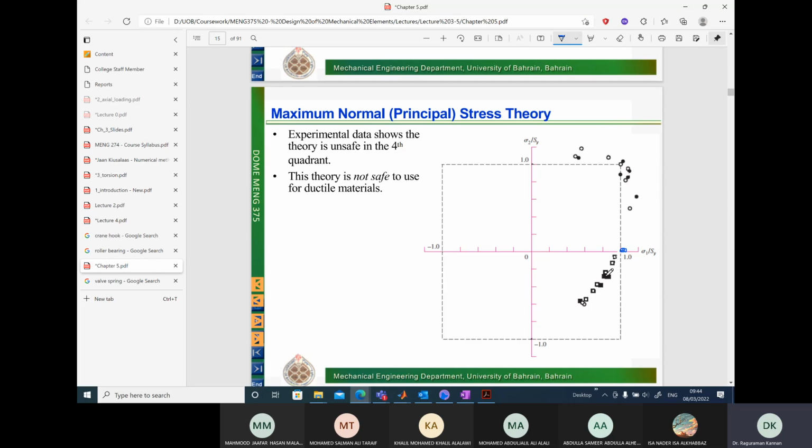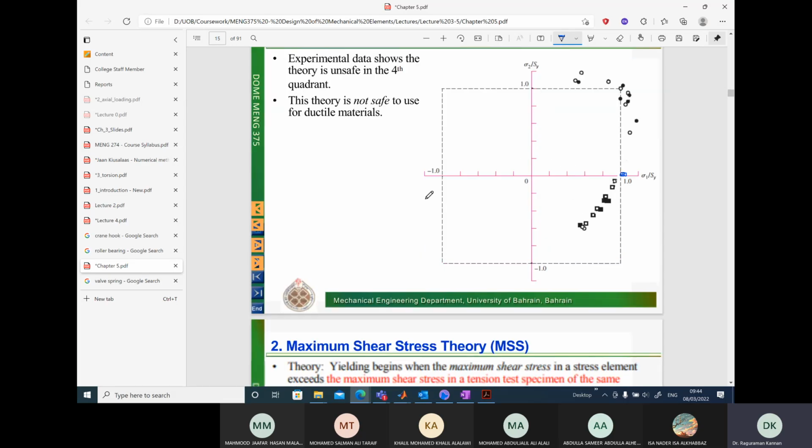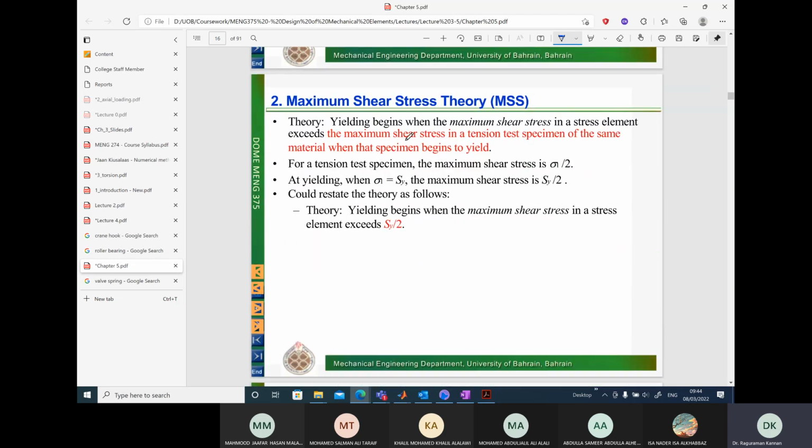When we apply stresses in certain directions such that one of the principal stresses is positive, the other principal stress is negative, then failure occurs within the failure envelope. So the maximum principal stress theory does not work for ductile materials in particular. Why do we have this discrepancy? So let's go to the next theory that will clarify it.